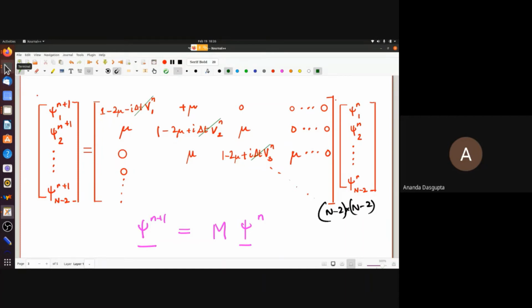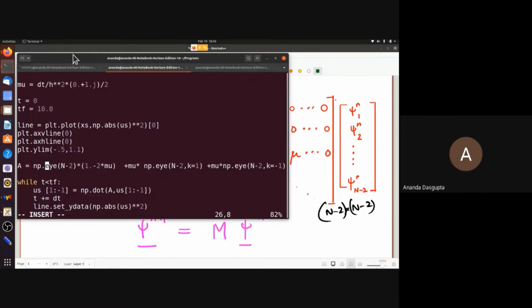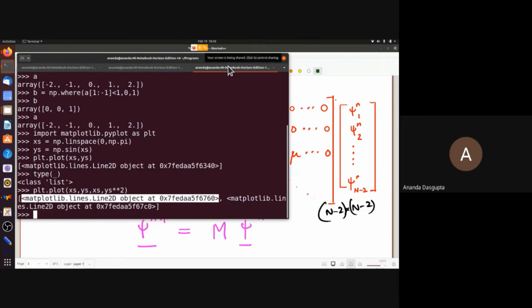Shifted meaning shifted off diagonal. So I'm not sure everybody here knows this command in NumPy, but NumPy has a command called np.eye. By the way, eye is meant to be pronounced I. It's a pronunciation which is being looked at here, not the word. It doesn't mean what you see with. It's just I for identity.